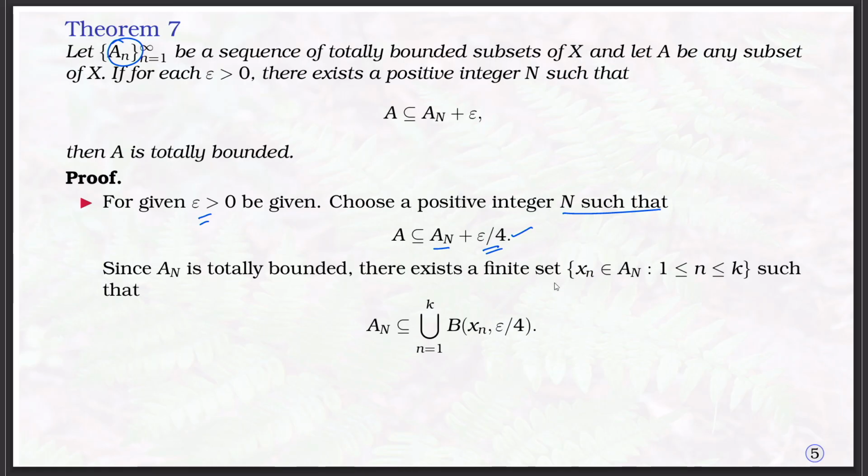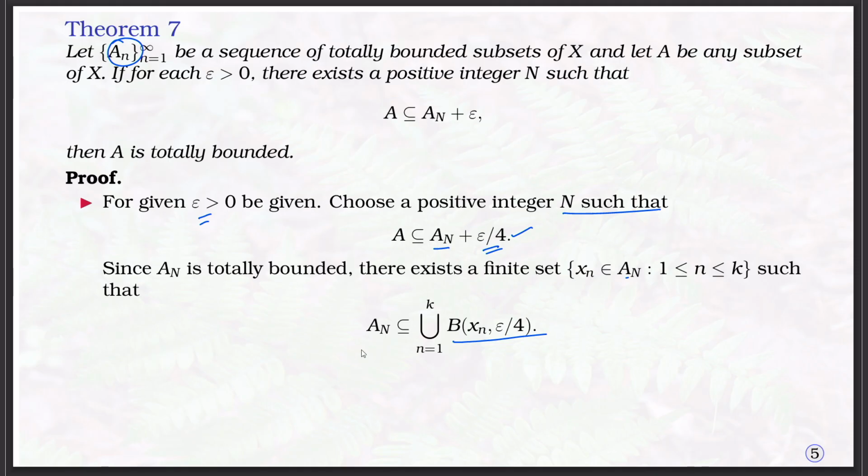there exists a finite set x_n belonging to A_n, where n lies between 1 and k, such that A_n is contained in the union of the balls of center x_n and radius epsilon by 4, by the definition.